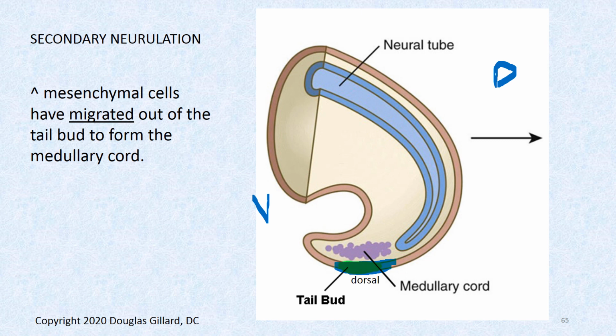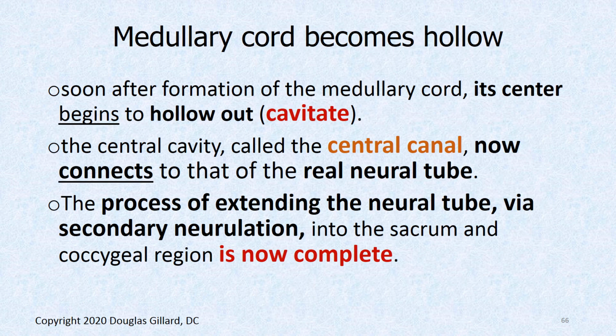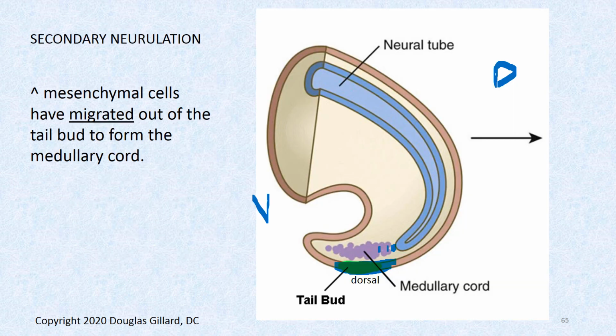And cells from the ectoderm or epiblast, depending on what stage they're in, migrate through here, and they gather here to form a tissue. And that tissue is going to become the medullary cord. And guess what? We're going to join that to here. But that's second. This is the process. Primary neurulation stops right here. But this continues. This is secondary neurulation.